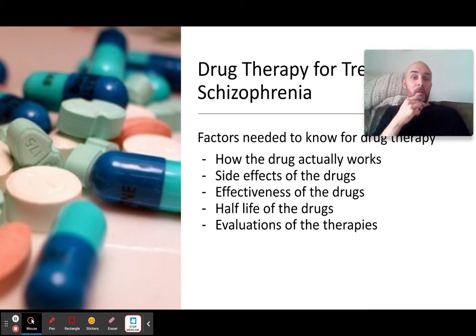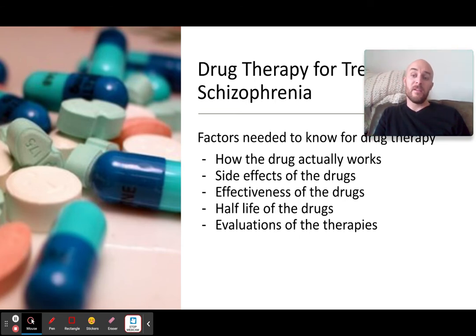So, you need to know how the drug actually technically works. What is the process? What's the mechanism for how this drug works? What does it do? You need to know the side effects of the drugs: neuroleptic malignant syndrome, weight gain, dry mouth, sexual problems, and so on and so forth. You need to know how good the drugs are. It's pretty key, isn't it, to know how good the drugs are?